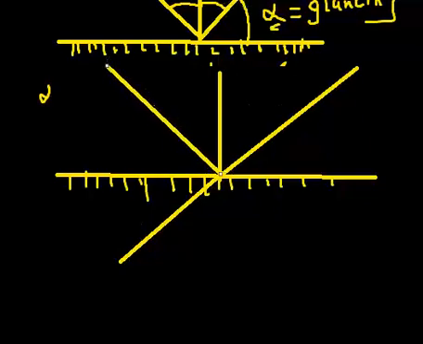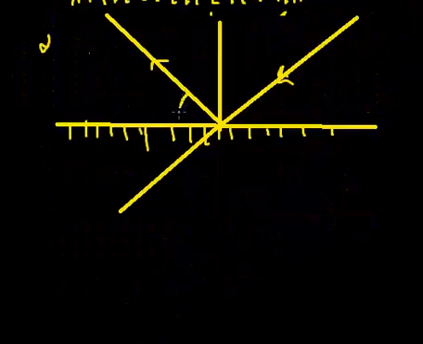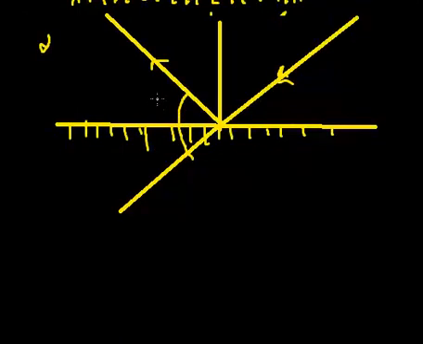This is the incidence, then the reflected ray. The angle between the incident and reflected ray is what is known as the angle of deviation. So D is called the angle of deviation.